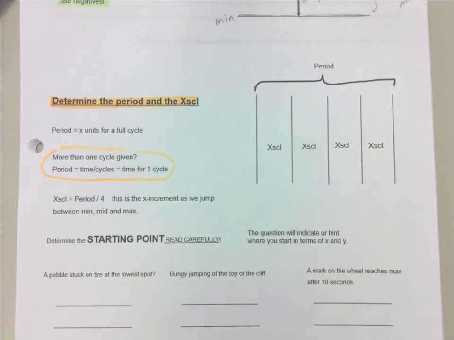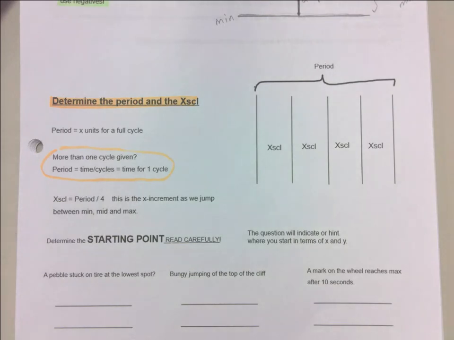What am I saying here? Sometimes for whatever reason, listen carefully to this part. The question will say, this Ferris wheel spins 10 times in 10 minutes. And some students think, oh, the period is 10 minutes. No, remember what the period is, how much time it takes for one full revolution.